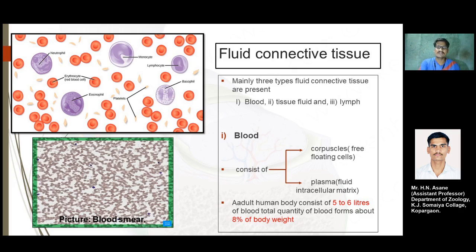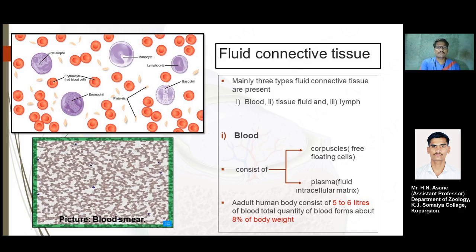Suppose a person's weight is 55 kilograms, and approximately 8% of 55 kilograms is 4.5 kilograms, and we know that 1 kilogram is equal to 1 liter. From that formula, the blood volume is approximately 4.5 liters.